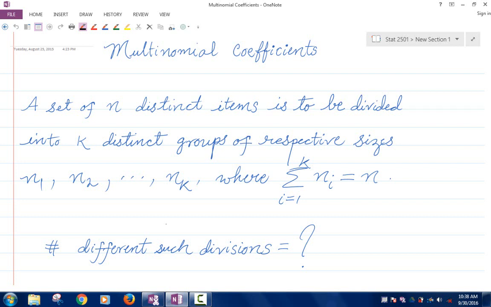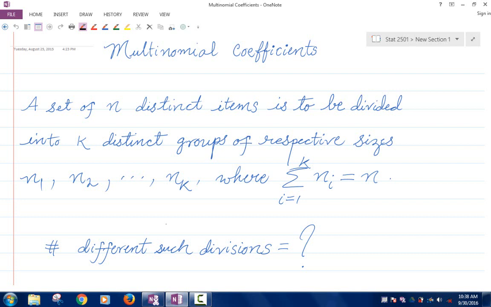So here we are saying we have n distinct objects. We want to divide them into k distinct groups, where the sizes of the groups will be n1, n2, up to nk. So therefore the sum of n1, n2, up to nk will be the same as the total n. I have a total of n objects.